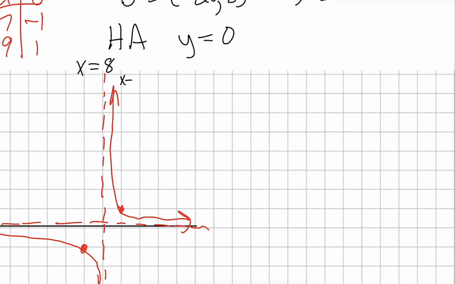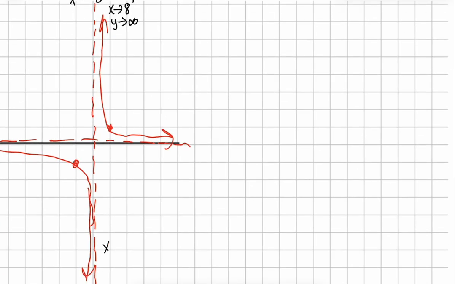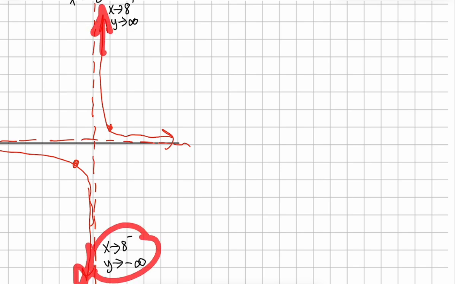As we approach 8 from the right side, our y is going up to infinity. As we approach 8 from the left side, our y is going down to -infinity. This side's going up, this side's going down. That's what that notation means.